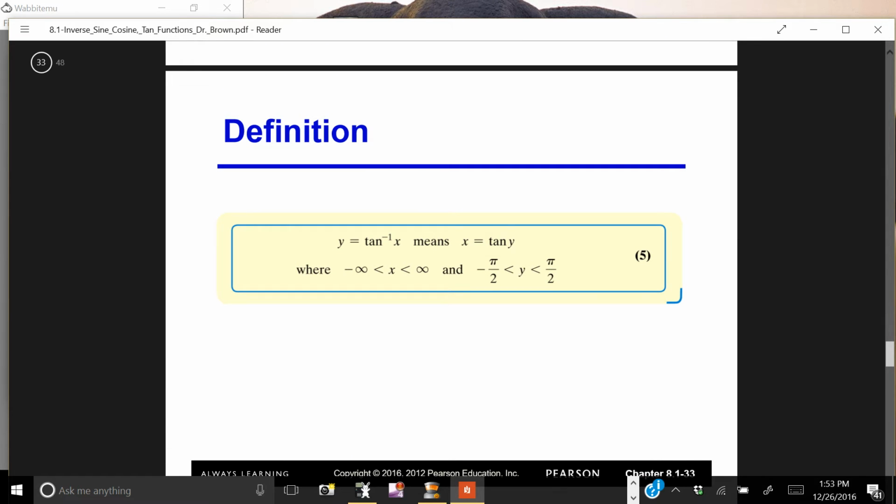And for the definition of the inverse tangent function, y equals inverse tangent of x means that x is equal to tangent of y. Notice that x can be between minus infinity and plus infinity, not including, obviously, and that y is between minus pi over 2 and plus pi over 2.